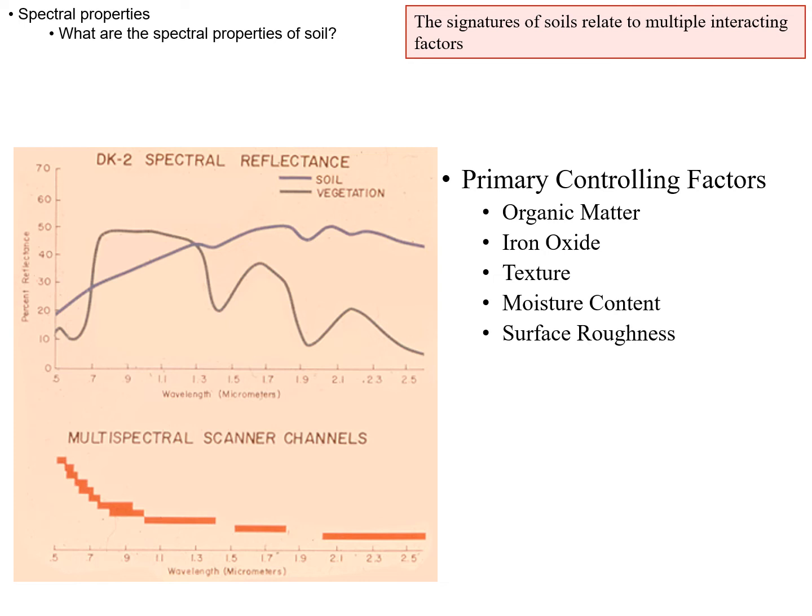Okay, now we're going to talk about soils. So there are a lot of factors that can modify the spectral qualities of soils. And the primary ones are the amount of organic matter, the texture, the presence of iron oxides, moisture content, again, and surface roughness. And that diagram at left shows you vegetation spectra, which should be getting familiar to you, and then the contrasting spectra for soil.